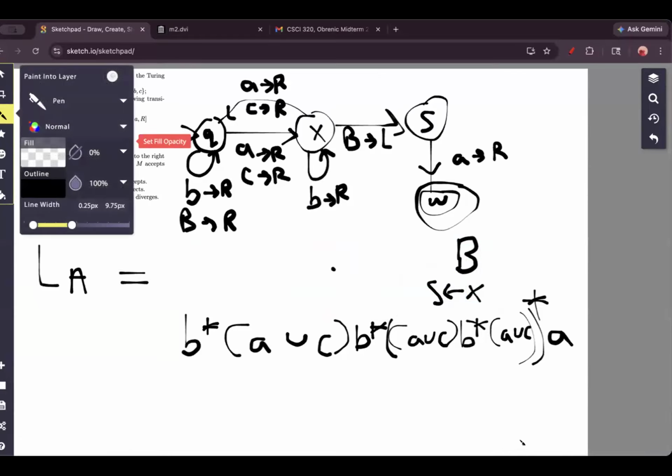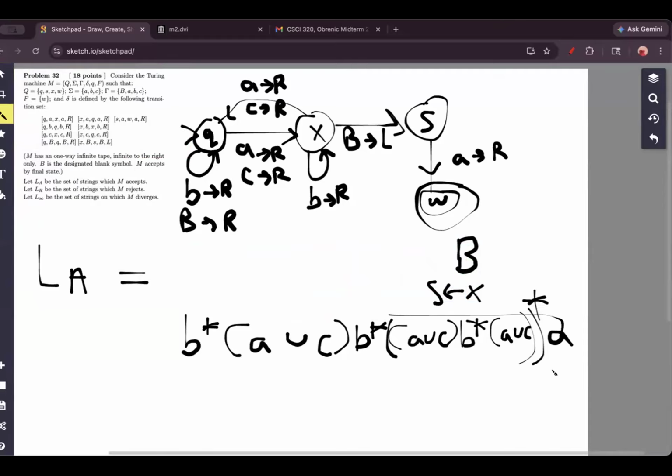Like, you see what I mean? You get rid of this bit and you'd have the answer that we previously had.